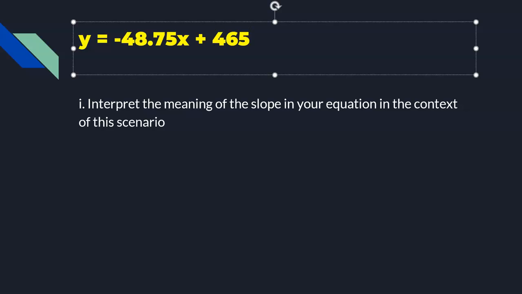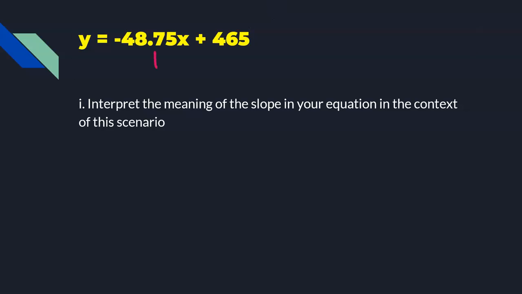And letter I, interpret the meaning of the slope in your equation in the context of this scenario. And our slope is negative 48.75. So meaning there is a decrease of 48.75 milligram per milliliter per hour.